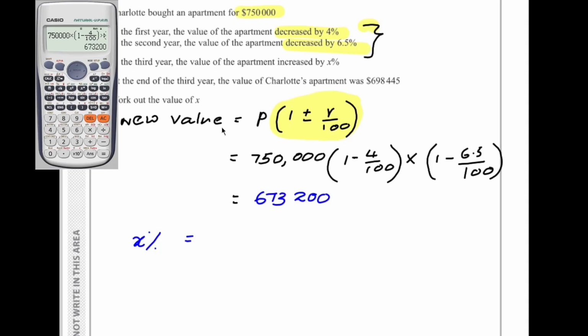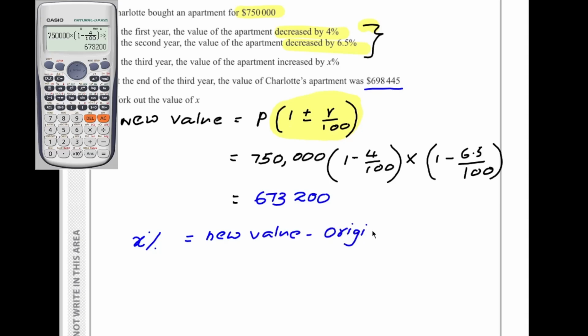So we've been given here after 3 years, after the third year, this is the value: 698,445. So let's write it. This is the greater value. Therefore, new value minus original value.